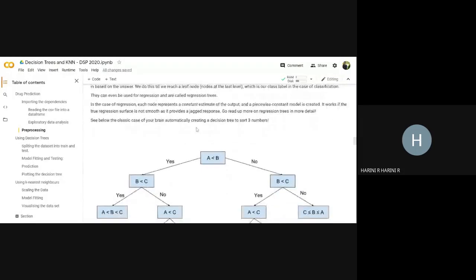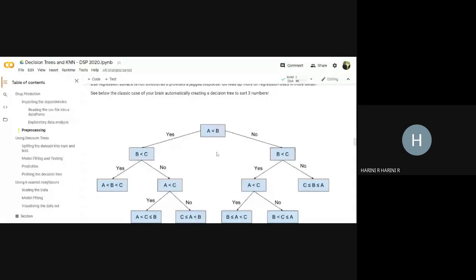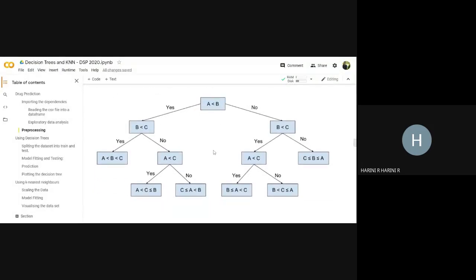So interestingly, it's kind of how we also make decisions. For example, this decision tree is showing us how we mentally sort three numbers. If I give you three numbers, like say 10, 5, and 7, then in our head, if we want to sort, we check if 10 is greater than 5.